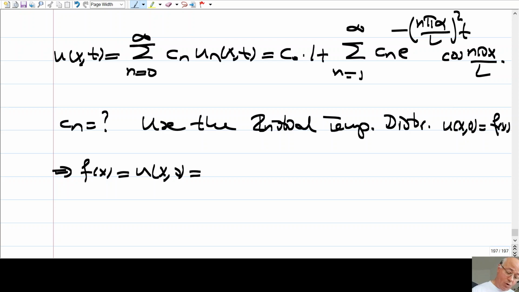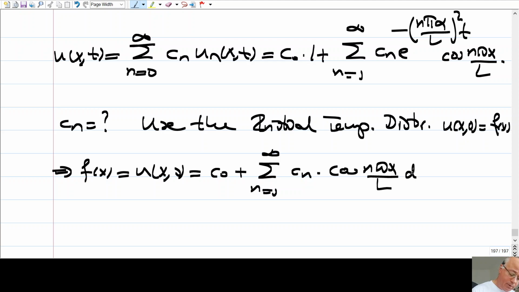When I plug in 0, the exponential term becomes just 1, and I get C0 plus the sum of Cn cosine n pi x over L.